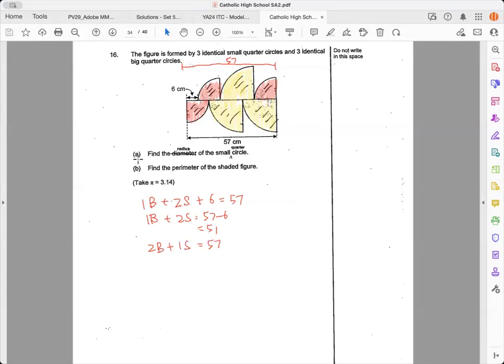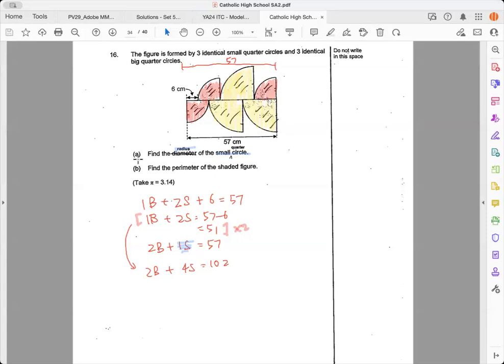All right. So the question is they want to find out the radius of the small circle. If I want to find that small circle, I shall make the big circle the same, so I can subtract them and remove the big circle. So I just multiply this by 2. I will get 2 big plus 4 small. 51 times 2 is 102.